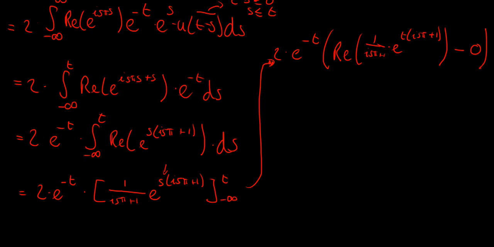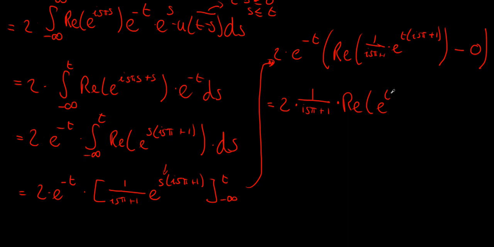Now, we can take out a small part and put in the e to the power of minus t. So now this is equal to 2 times 1 over i 5 pi plus 1 multiplied with the real part of e to the power of t.